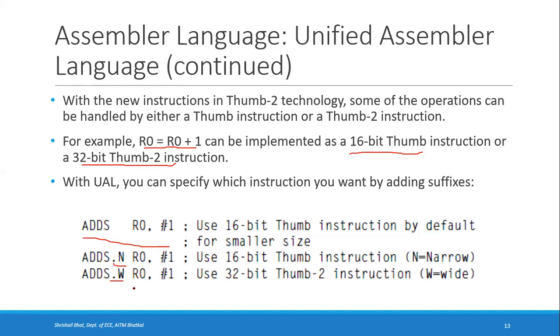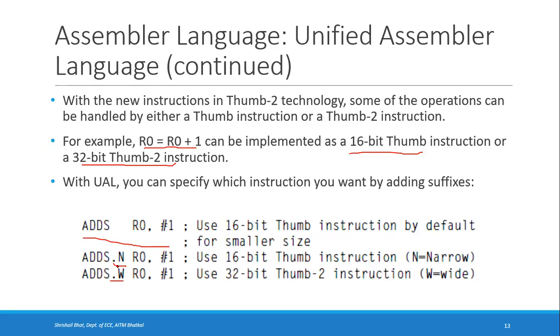That means it is a 16-bit instruction. If they occupy 32 bits, that means it is a 32-bit instruction. Certain instructions are sufficient as 16-bit instructions, but certain instructions need 32-bit instructions. In that case only, we shall go for 32-bit instructions, and that can be done explicitly by mentioning .W. If you want to explicitly use 16-bit, you can mention .N.